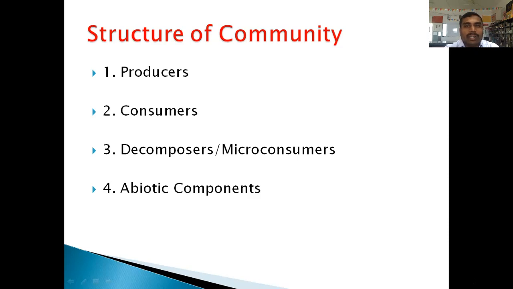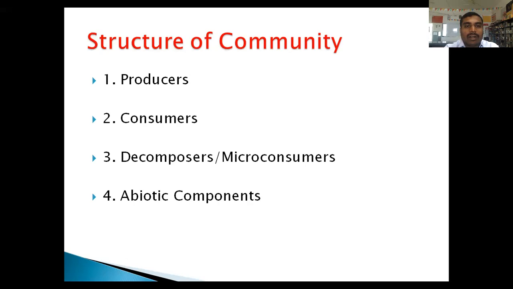Community in one area depends on the available components. The autotrophic component is one in which the plants are mostly involved.